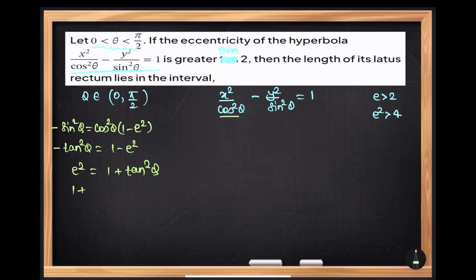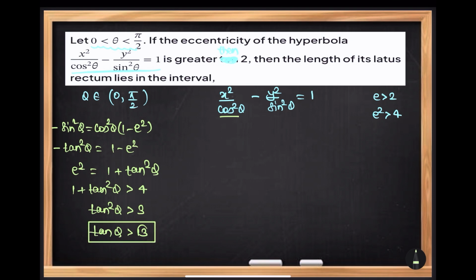So 1 plus tan square theta will be greater than 4, tan square theta will be greater than 3, tan theta will be greater than root 3, correct or wrong? And root 3 comes at 60 degree. So can I say that theta will belong to pi by 3 to pi by 2, both excluded, because we cannot go beyond pi by 2.